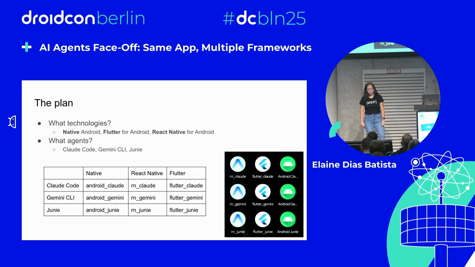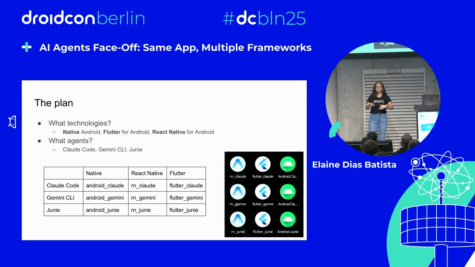So the plan. First of all, what technologies? I, of course, could not explore all of the possibilities that are out there, so I limited myself to the top ones today, which are native Android, Flutter, and React Native. And I'm going to be building Flutter and React Native only for Android to do the comparisons.